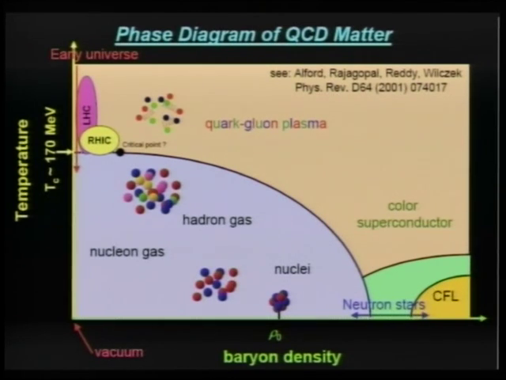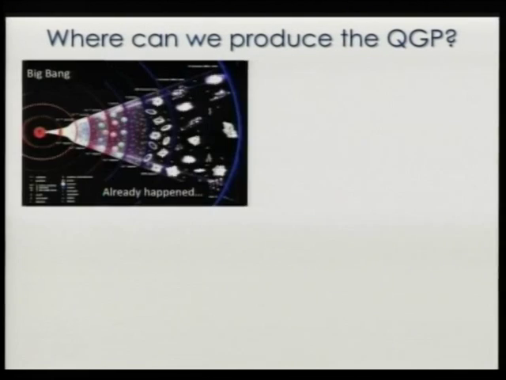We have color superconductor models, but okay, we don't enter into these details. And also in this case, we have a critical point where all the phases are together. So there are strong similarities between normal matter and the QCD matter of the early universe. Where can we produce the QGP?